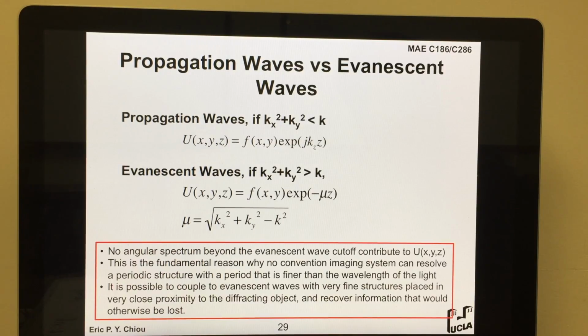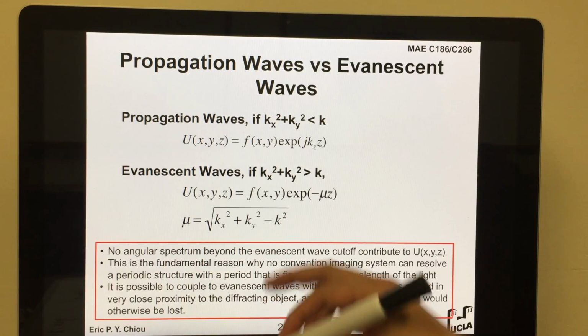To construct that, you need a spatial frequency which is pretty large. So what happens if you use light that doesn't have such a high spatial frequency to illuminate this pattern? Where does this high frequency component go?